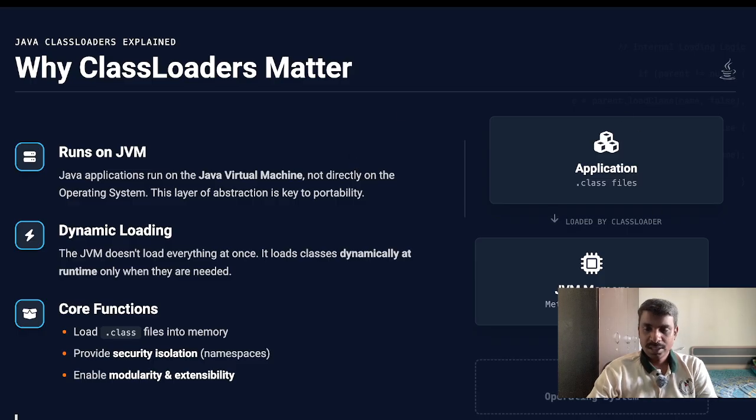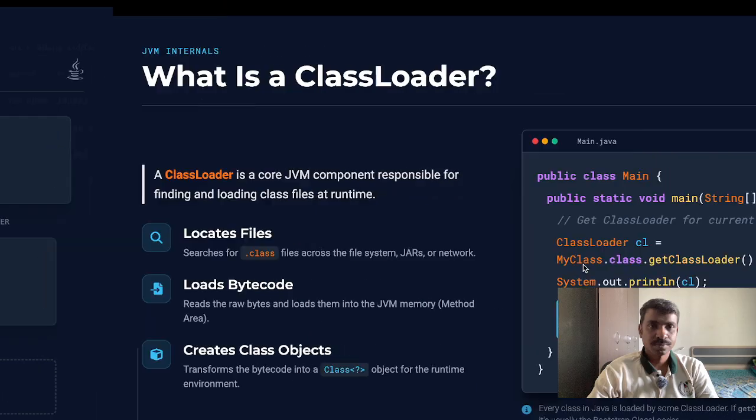Here you can see the diagram. The operating system is below, the JVM is on the operating system, and everything else, Java application or class files, runs in the JVM.